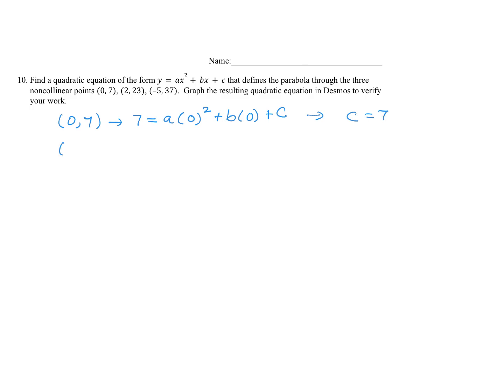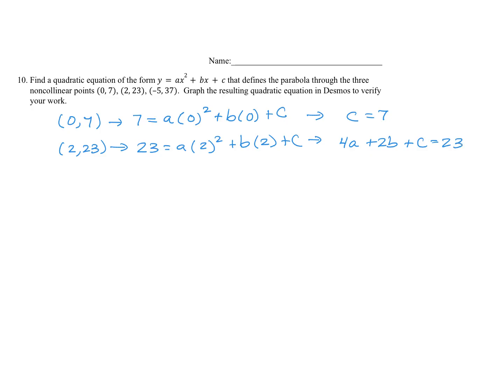For the next equation, we've got (2, 23). So 23 equals a times 2 squared, plus b times 2, plus c. That gives us 4a plus 2b plus 1c equals 23.